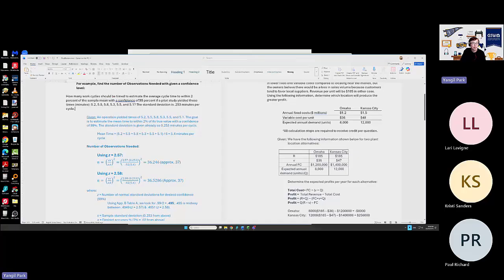At 99% confidence level, you should have a much higher number of observations or work cycles in this example. The Z value for 99% is something like 2.76, which we use all the time.